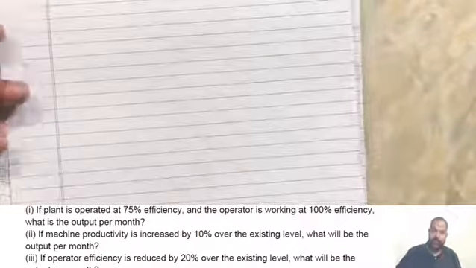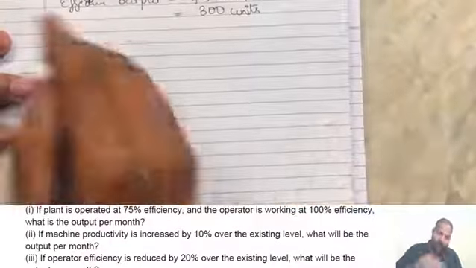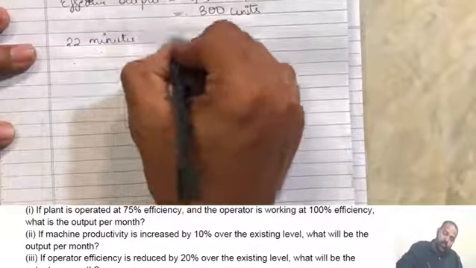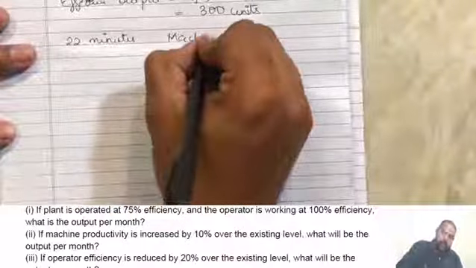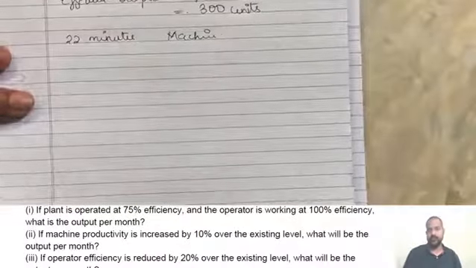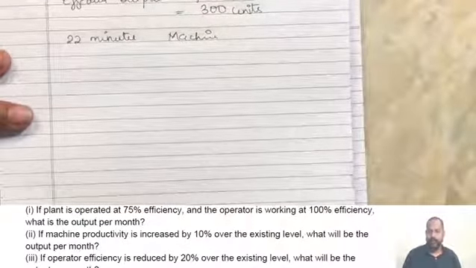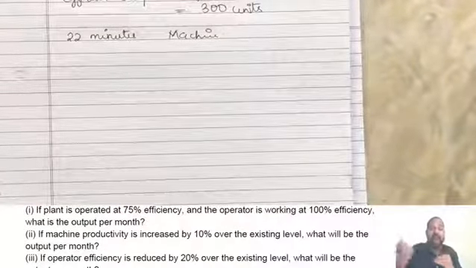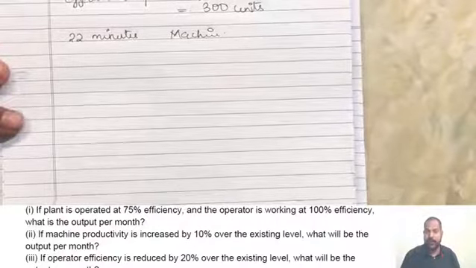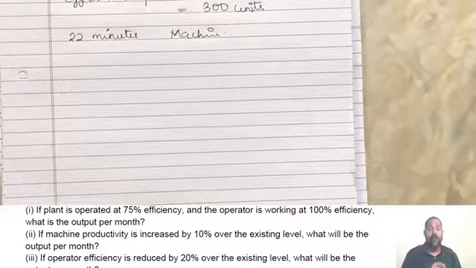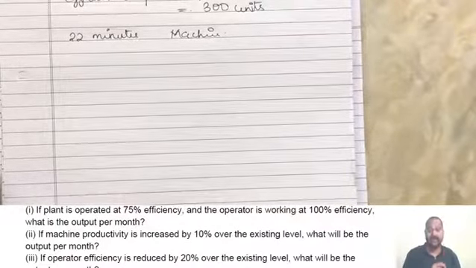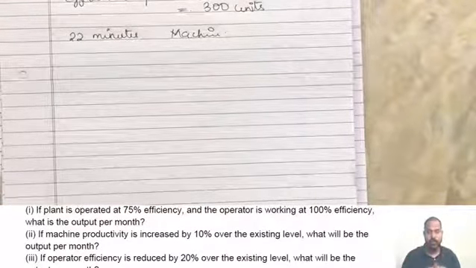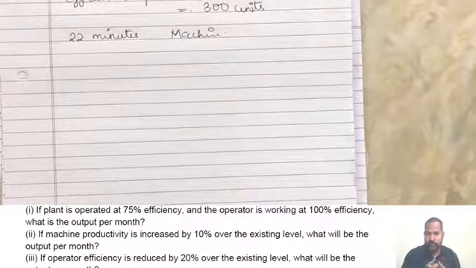So let me tell you one thing. Initially, it was taking 22 minutes for the machine. Correct? Now, you have increased the efficiency by 10%. You tell me, when efficiency is increased, will time reduce or will time increase? Well, time will reduce, obviously.